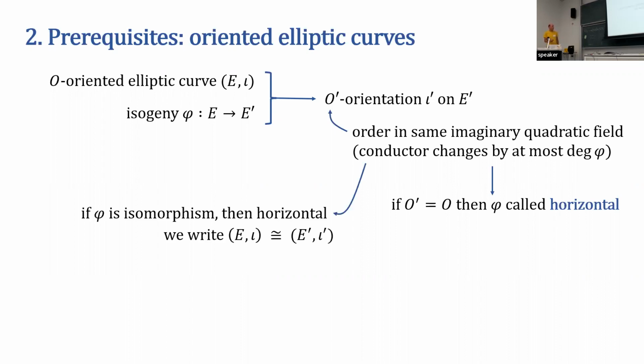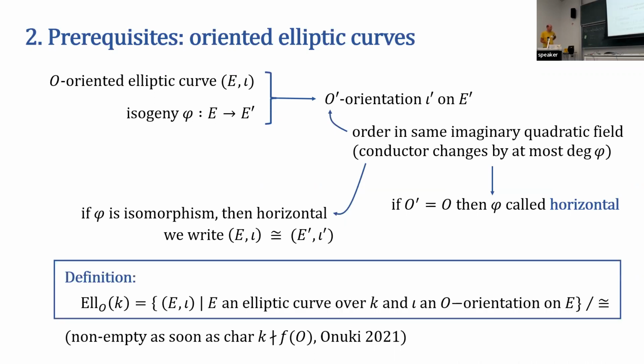As a special case, maybe a somewhat trivial one, if this is an isomorphism, an isogeny of degree 1, then the conductor cannot change, so you are necessarily in the horizontal setting, and we say that the oriented elliptic curve E iota is isomorphic to the oriented elliptic curve E prime iota prime, where iota prime is this induced orientation. And this is the set that was in the third slide or something: the set of all oriented elliptic curves up to isomorphism under this notion.